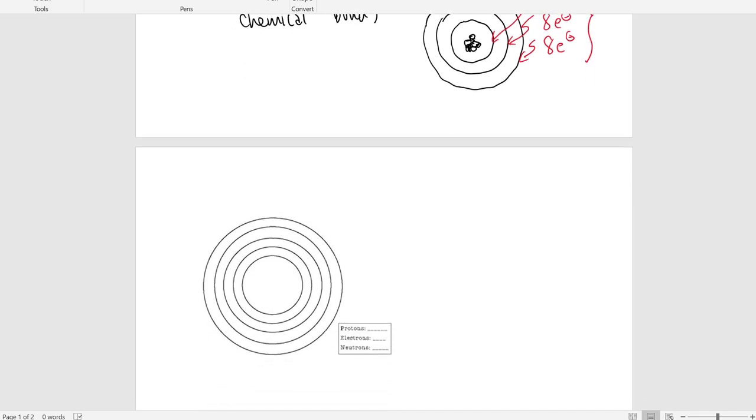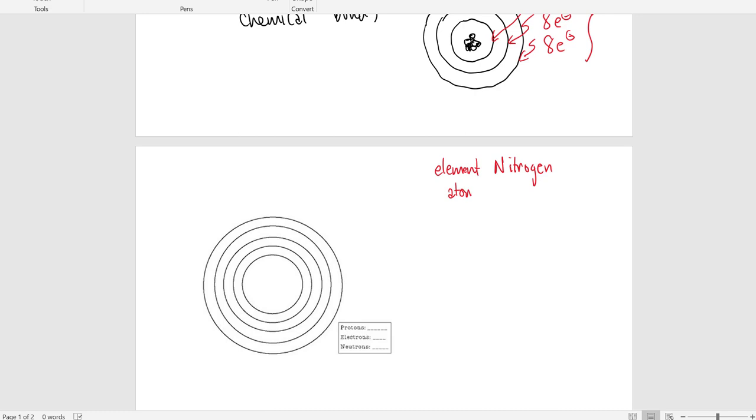So let's take an example. Let's take something fairly simple to start with. Let's take the element nitrogen. If we were to look up nitrogen on our periodic table, we would see that it has an atomic number equal to 7. So therefore it has 7 protons.